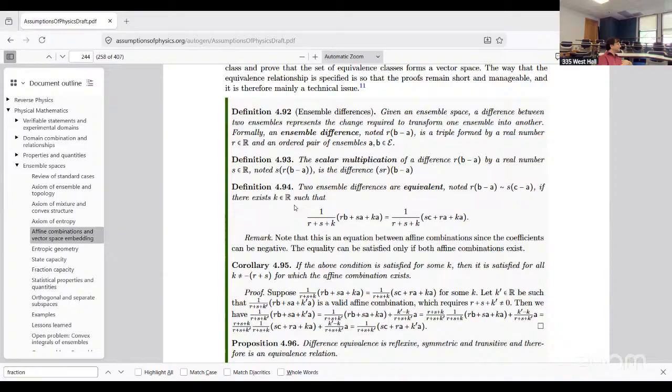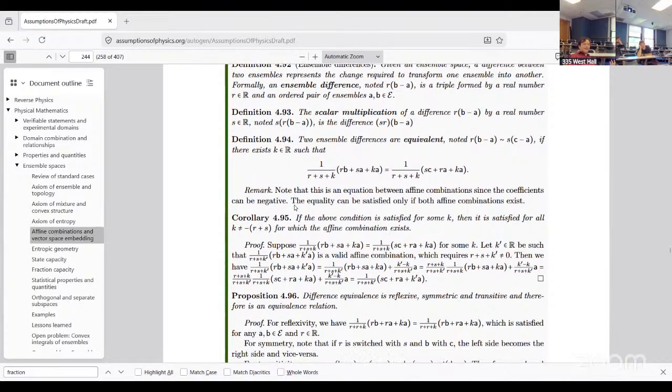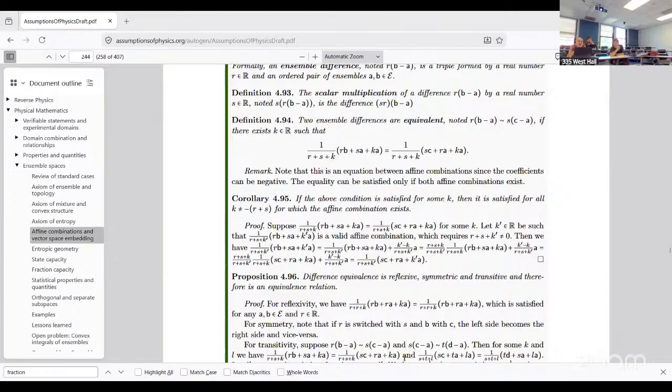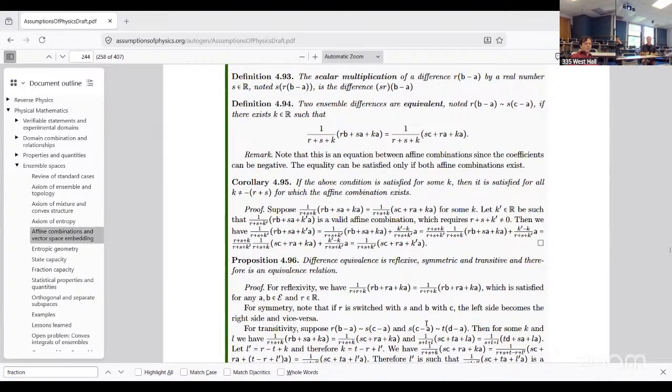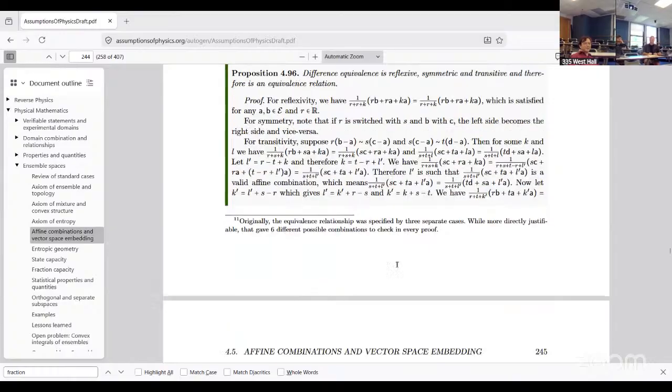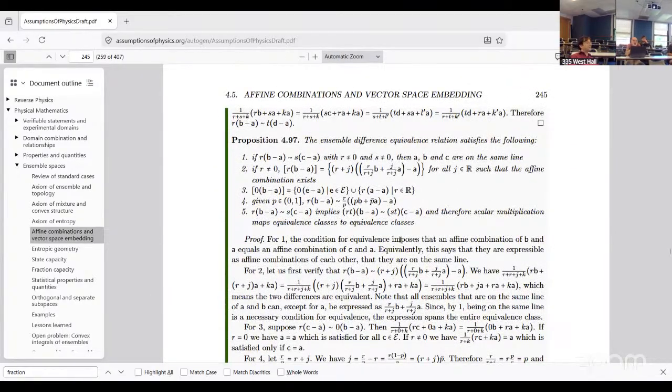And then you have an equivalence class of such couples with real numbers, and that equivalence class exists precisely because of the cancellation property. Exactly. And then you have to prove that all these things have the right properties and so on. But then you have a concrete way of thinking of the vector space that you're constructing.